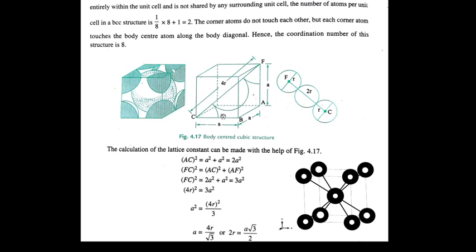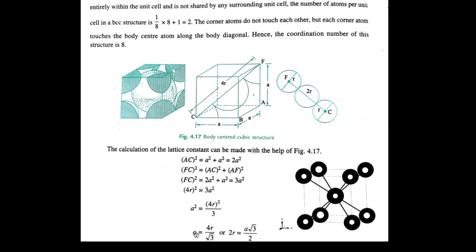Anyway, now my main aim is to find FC, that is the FC line segment of the triangle, which is equivalent to 4r. According to Pythagoras law, it would be AC square plus AF square. AF square is a square, AC square is equal to twice a square, and FC square is equal to 16r square.